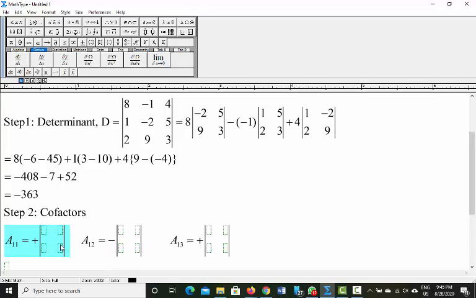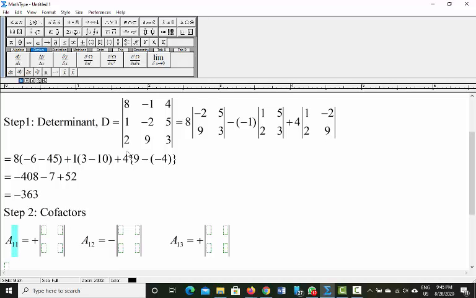This is the first element, so we want to find the cofactor of the first element. As you can see from the address, this is the first row, first column.